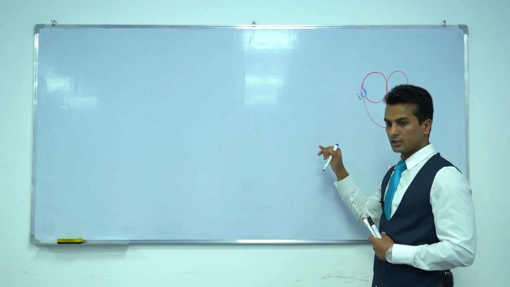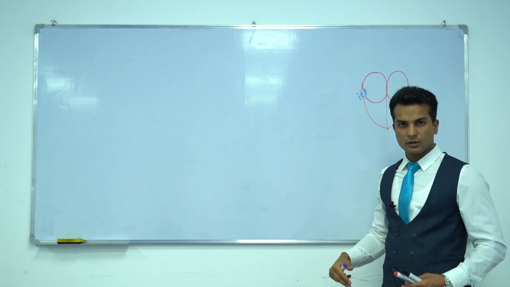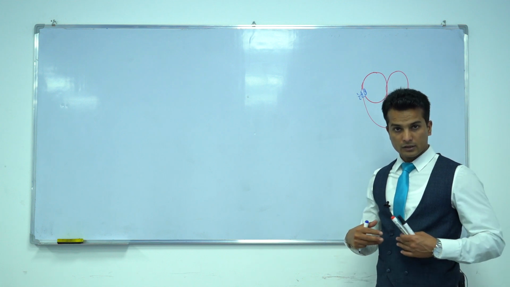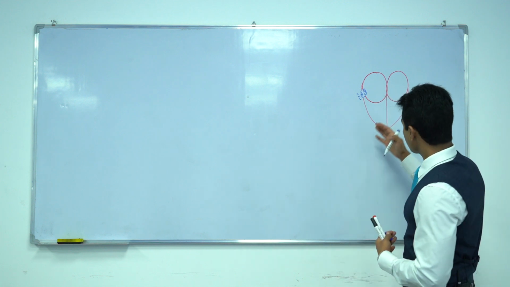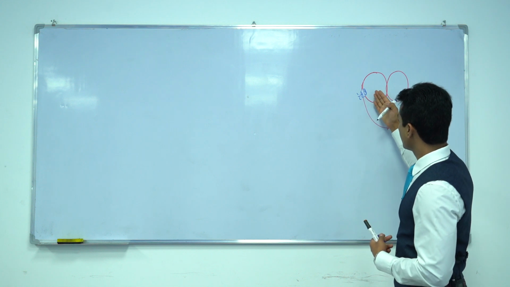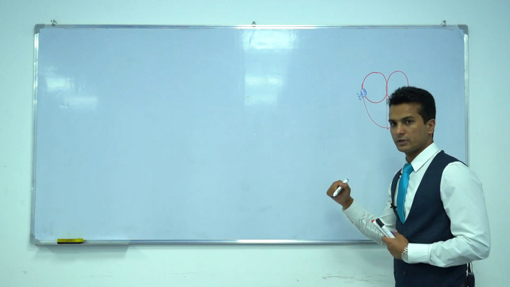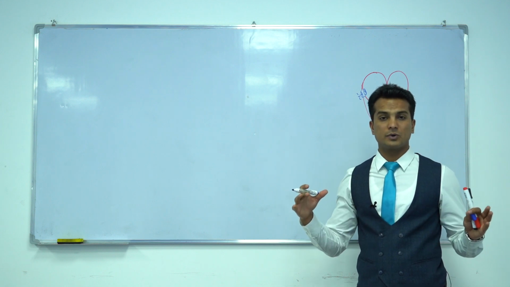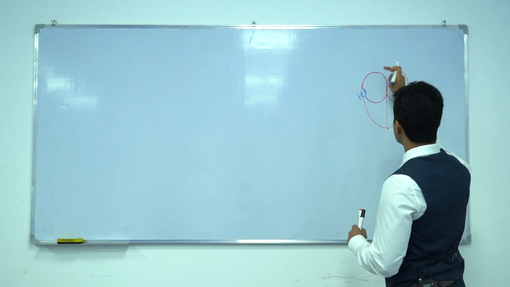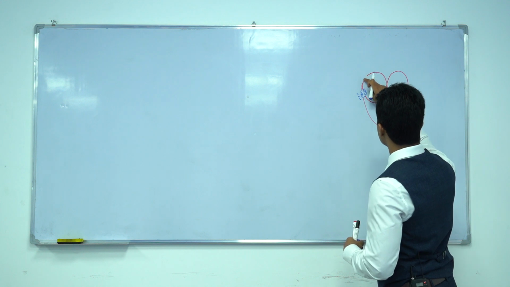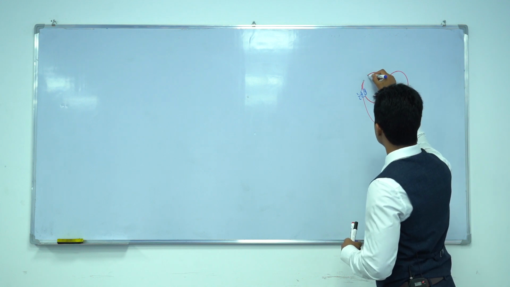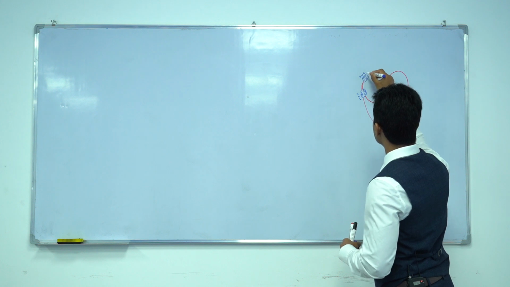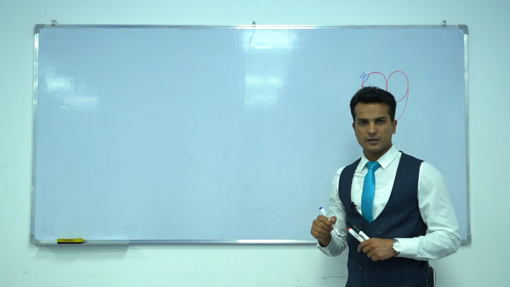So deoxygenated blood from the lower limb and from the abdomen comes back to the right atrium through the inferior vena cava, and from the head and neck and upper limb, deoxygenated blood comes back to the right atrium through the superior vena cava. Let's suppose this is the SVC, the superior vena cava.